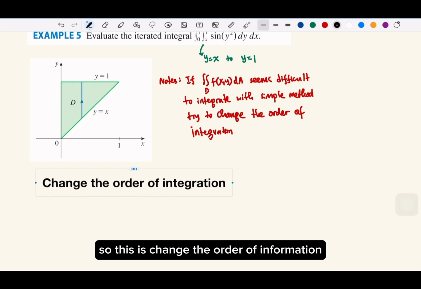So this is changing the order of integration.